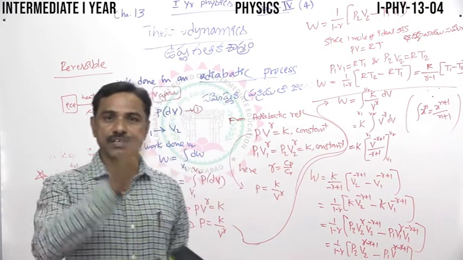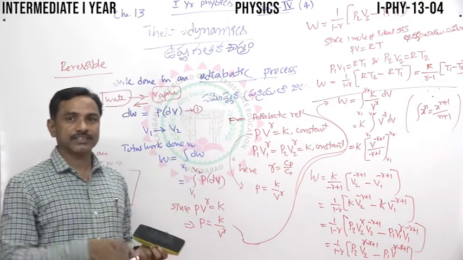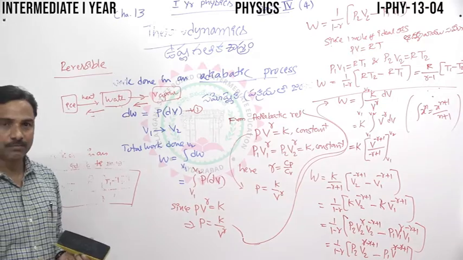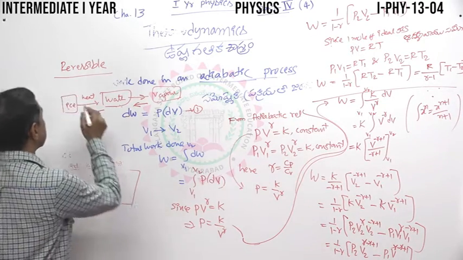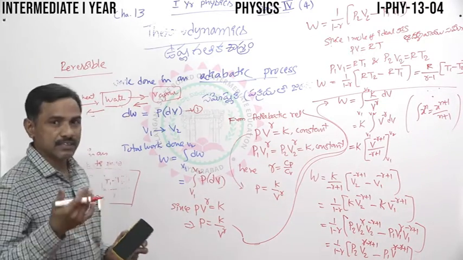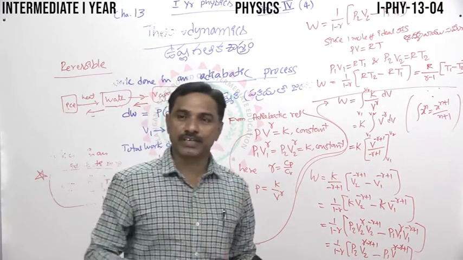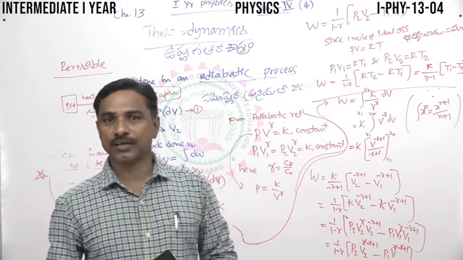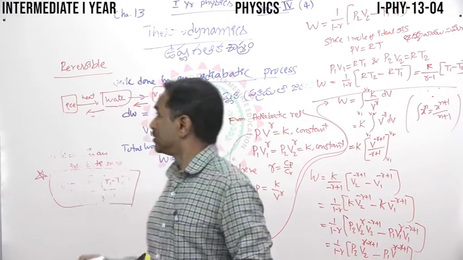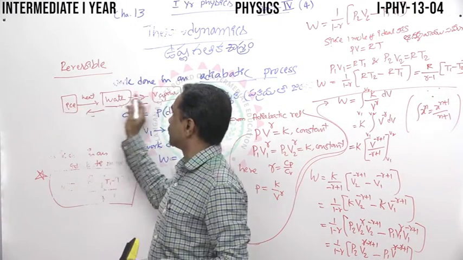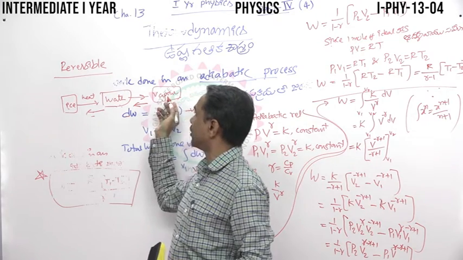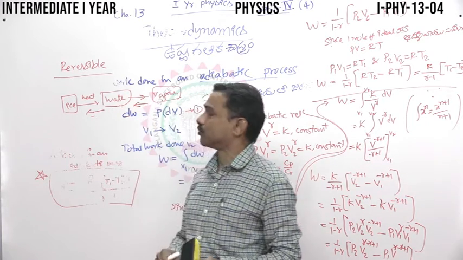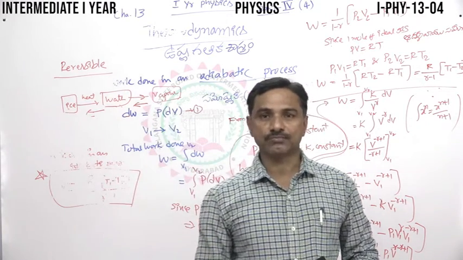There is a change of state at a certain constant temperature and pressure. So it is a reversible process. The process that can be reversed back, retraced back, is called a reversible process. Melting of ice and vaporization of water are the best examples for a reversible process.